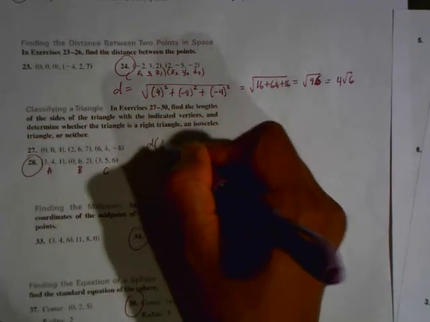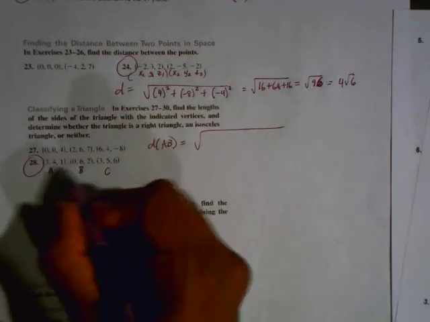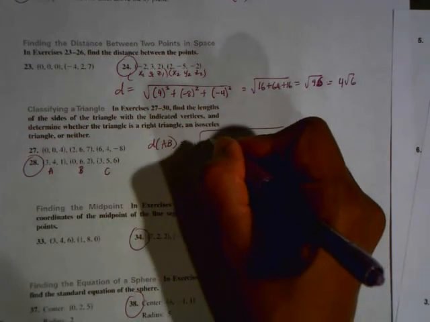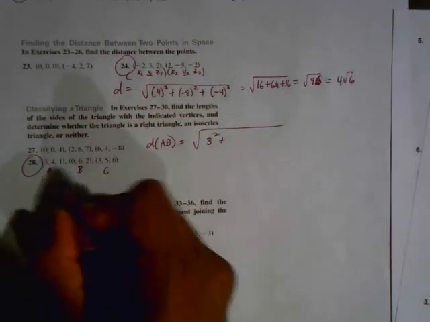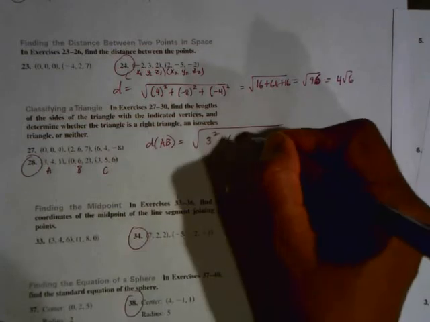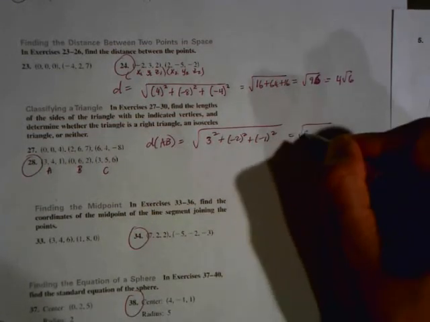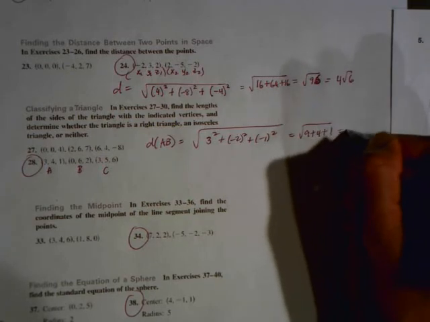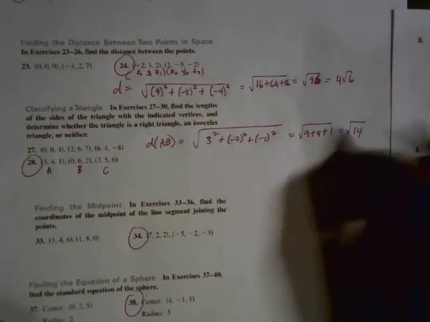So distance AB, let's do it real quick. Change in x, 3 minus 0 squared, 3 squared, and then it's 4 minus 6, which is -2 squared, and then 1 minus 2, which is -1 squared. Calculate that, it's 9 plus 4 plus 1, the square root of 14.